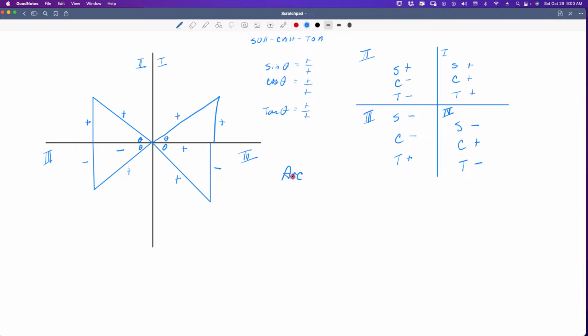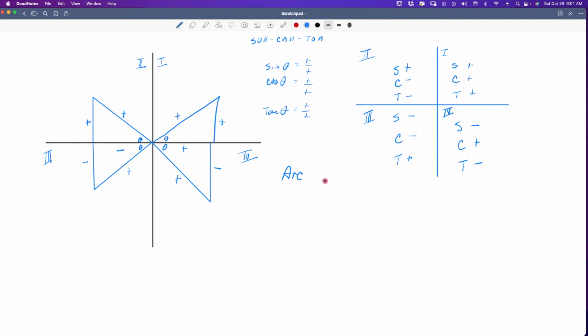Whenever we put that on one of these with that capital A, that means I want to only find the angles that fall within these limits. And then that limitation is going to tell us what quadrant that particular angle lives in.